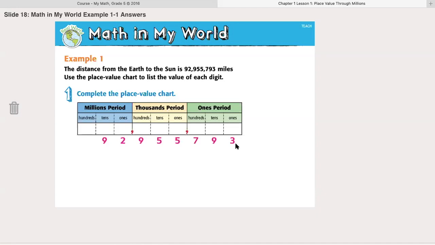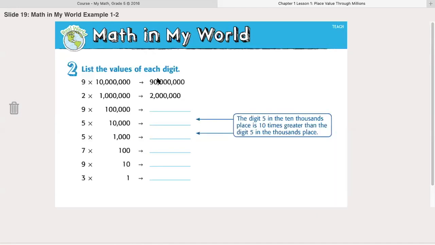List the values of each digit. When we list the values of each digit, we take each individual digit and we say what its value is according to the place value chart. So if the 9 is placed in the position of the 10 millions, then it is worth 9 times 10 million, which would be 90 million.